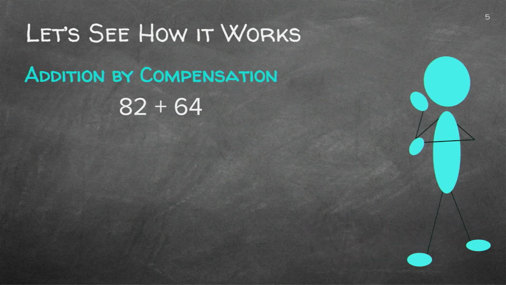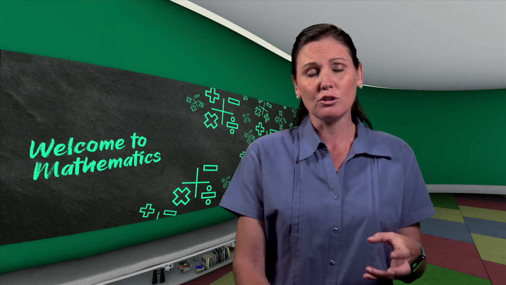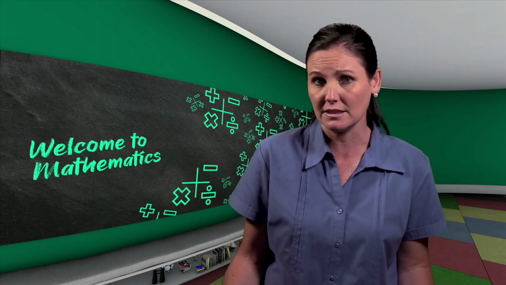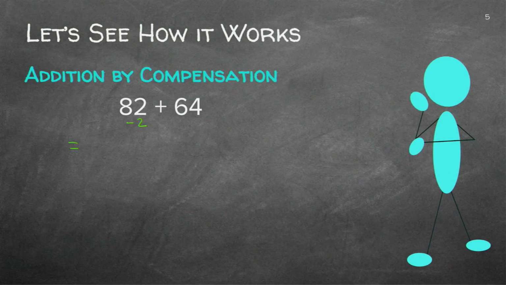Now let me show you some examples. Addition by compensation. For me, it will be easier to subtract 2 here. So I'm going to say minus 2 to make it a multiple of 10. Remember, multiples of 10 are 10, 20, 30, 40, 50, 60, 70, 80, and 90. But when I minus on the one side, I have to add on the other side.